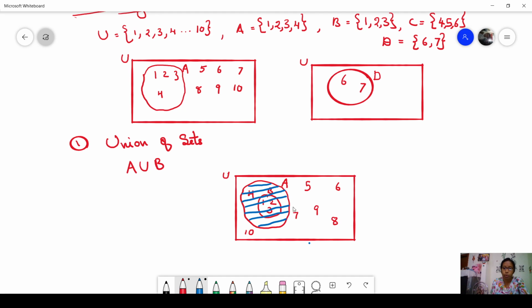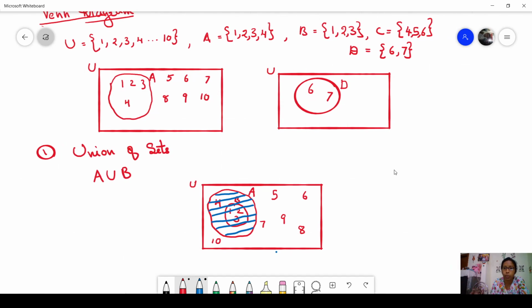Now we will take another set where B is not a proper subset of A. We can take the set C and D. So C union D. So we are going to draw C union D. So for that, first we will draw a rectangle.